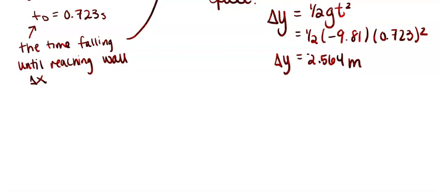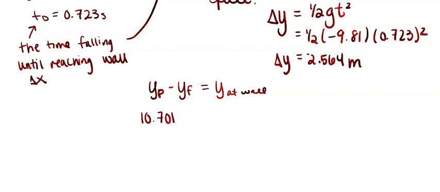So we start out diagram-wise looking at what we have. We peak at that 10, and that's above the wall. So the peak minus what we just fell down is going to be the height when we reach the wall. So taking that 10.7 that we calculated and subtracting the 2.5, we will get our actual elevation at the wall position.